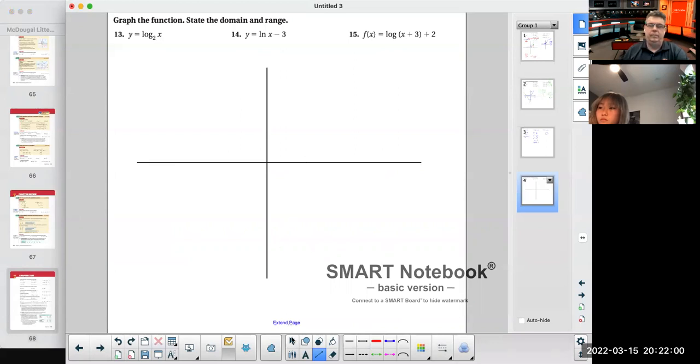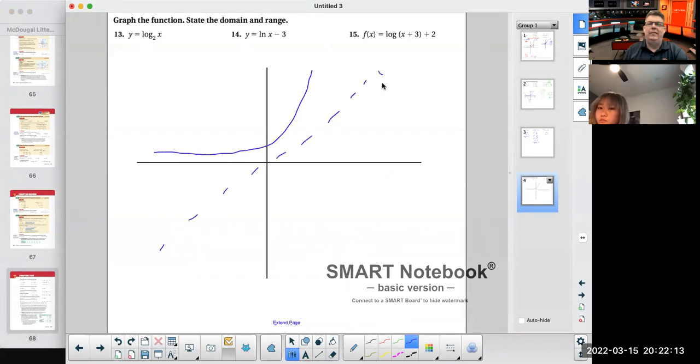The exponential is like that. If it's an inverse, it's the reflection in the line y equals x. So (0, 1) becomes (1, 0). And this is your basic graph of y equals log x, like this, okay?